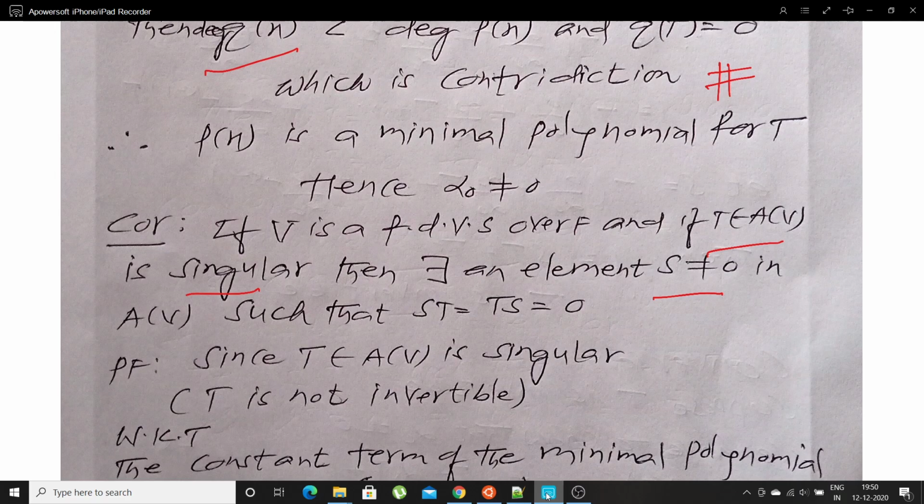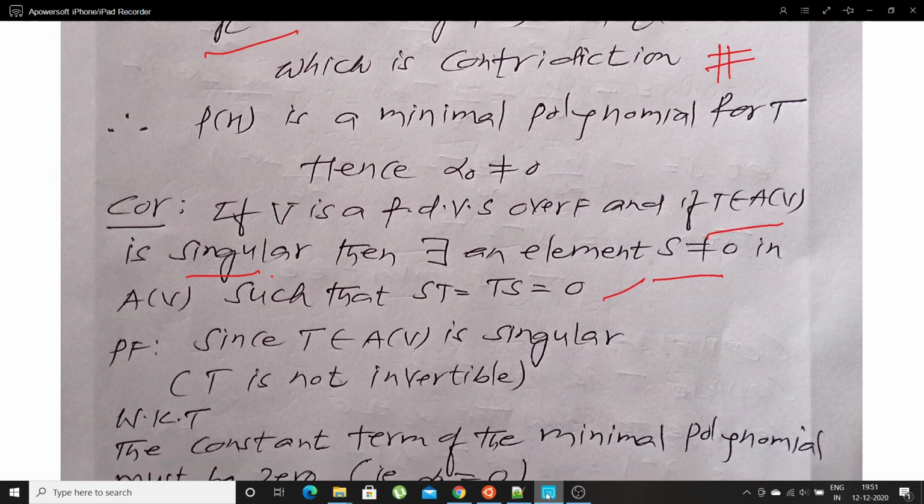Actually, what happens if it is regular? Remember, if it is regular, then St is equal to Ts is equal to 1 or I. Since it is singular, therefore St equal to Ts equal to 0.